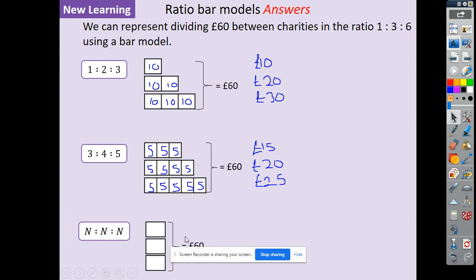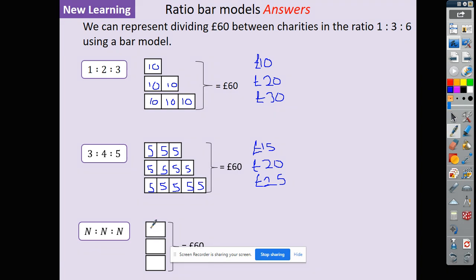So we can assume that that's 1 each. It's still £60, but we're sharing it between the 3. If I'm sharing it between the 3, 60 divided by 3 is 20. So each of those are worth 20. So then each charity got £20. Okay, go and have a go at the exercises, at the questions, and see how you get on.